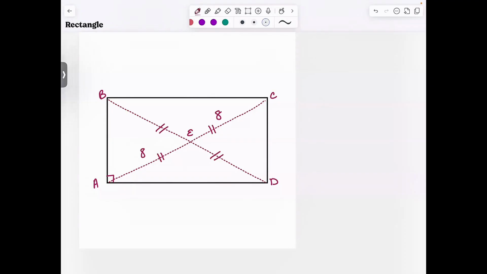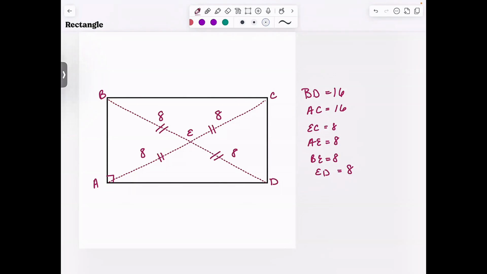So I know this is 8, I know this is 8, I know this is 8, I know BD is 16, I know AC is 16. And then EC was given as 8. I know AE is 8, I know BE is 8, and I know ED is 8. But we can't make that assumption in the parallelogram.